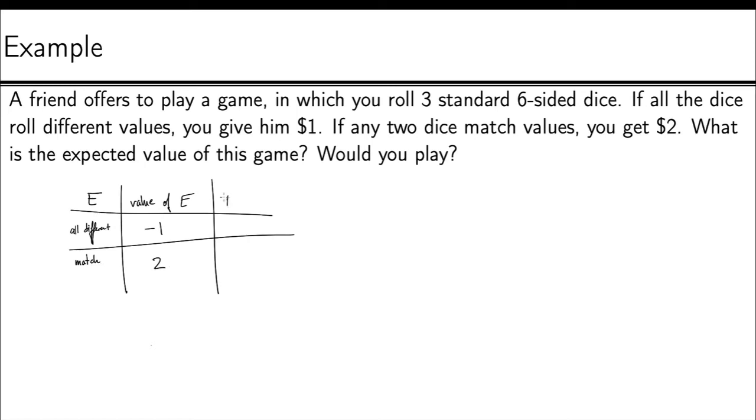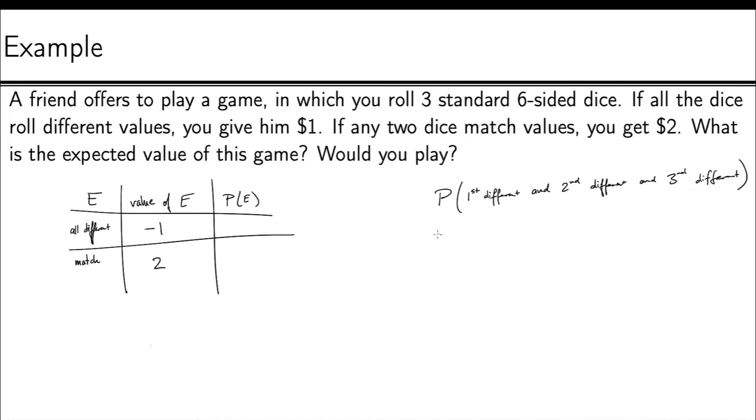Now we need to know the probabilities of these. We'd like to know what's the probability that all 3 dice are different. So there's 3 different dice. This is the probability that the first is different, and second is different, and the third is different.